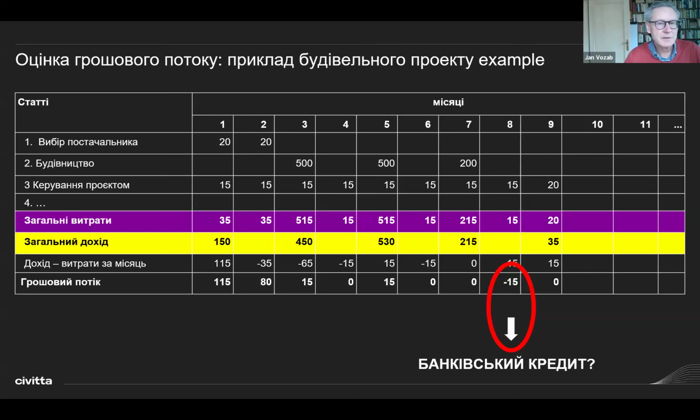Maybe a last story concerning calculating a cash flow, which is a real one from the Czech Republic. About 15 years ago, when we started implementing European funds in the Czech Republic on a large scale, a guy was director of an NGO supporting the involvement of vulnerable people in the labor market.